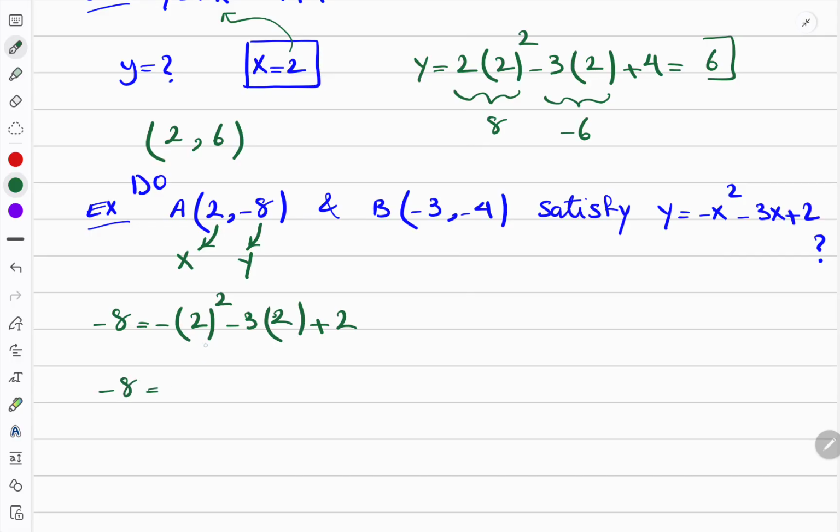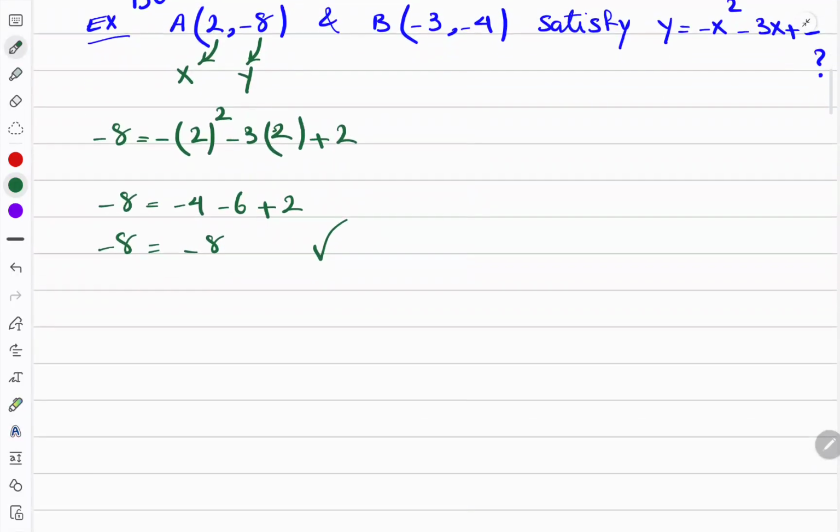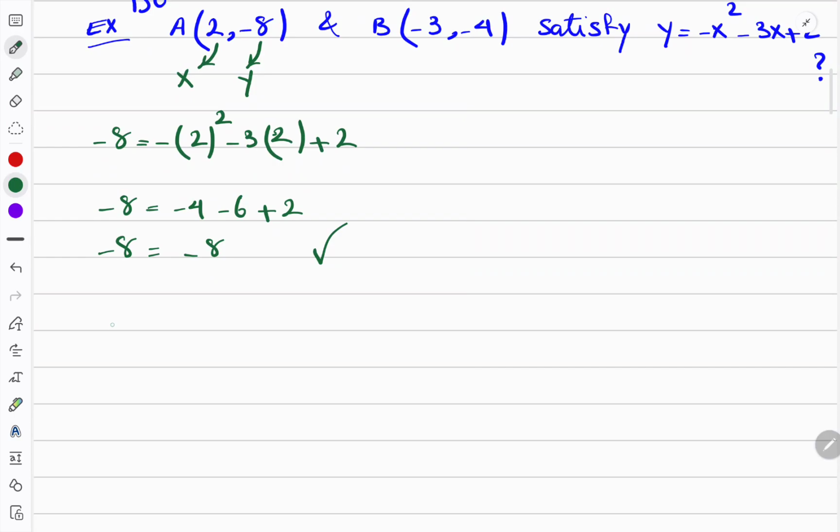So negative 8: 2 squared is 4, negative 4, negative 3 times 2 is negative 6, plus 4 is negative 2... plus 2 is negative 8. So as you can see, point A satisfies this equation. So we can say that A lies on its graph.